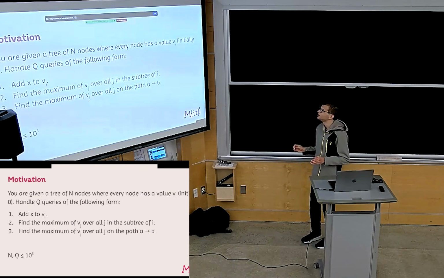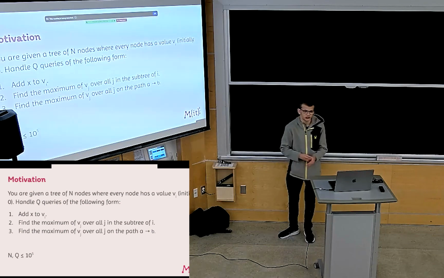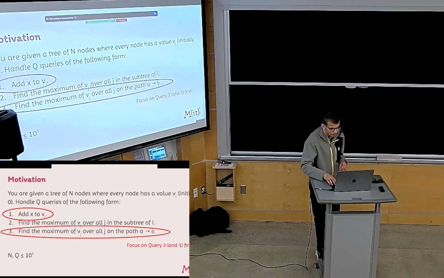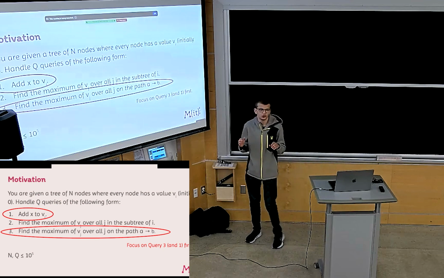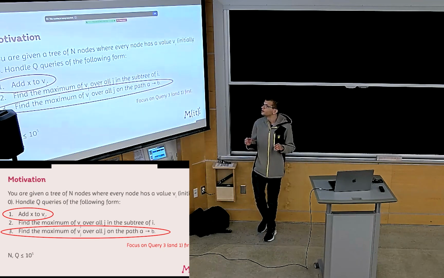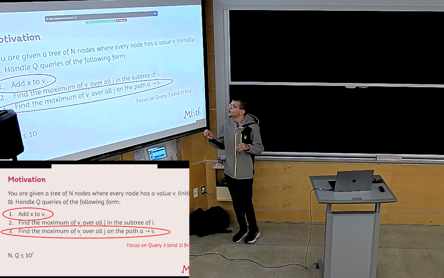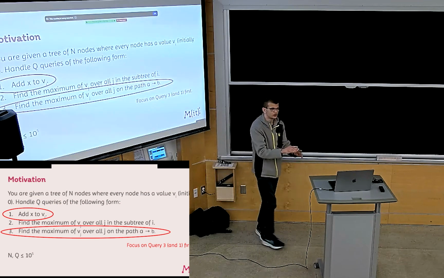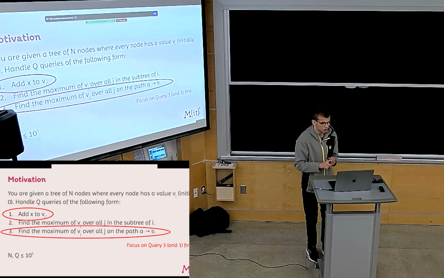However, we will see how this idea actually relates to Euler tour trees and how we can combine both of them. Okay, so that is actually what I will do. I will describe a strategy / data structure that allows you to support operations 1 and 3, and then I will show you how to combine this with Euler tour trees to get a nice implementation which also supports operation 2.